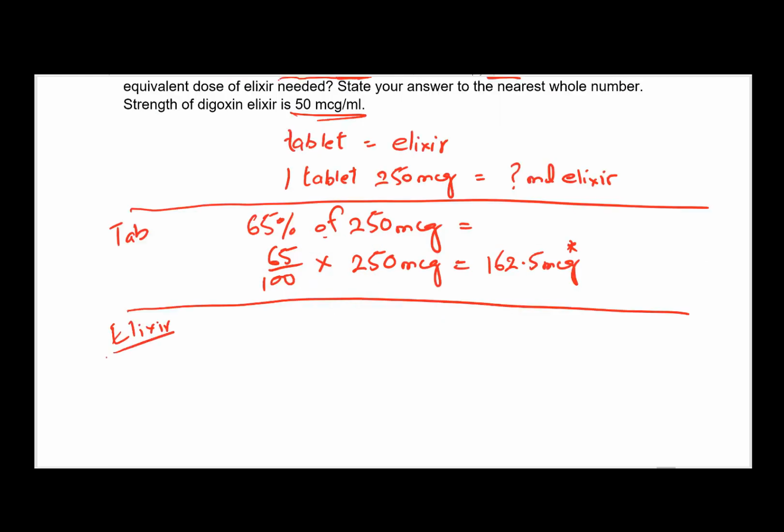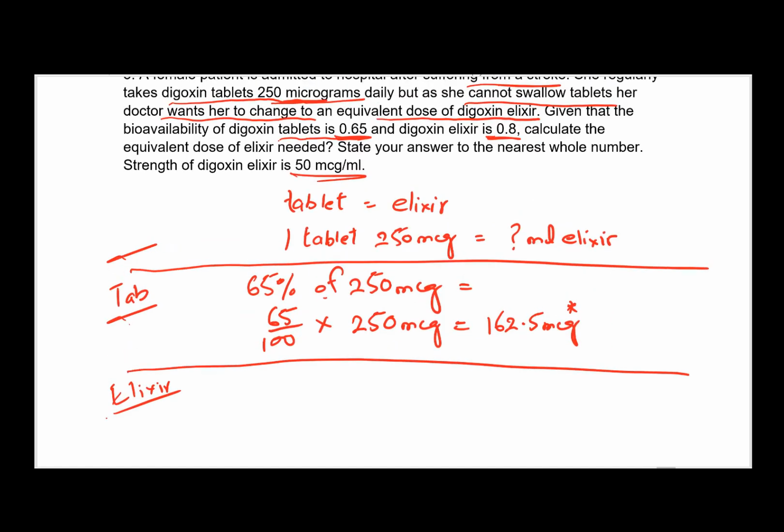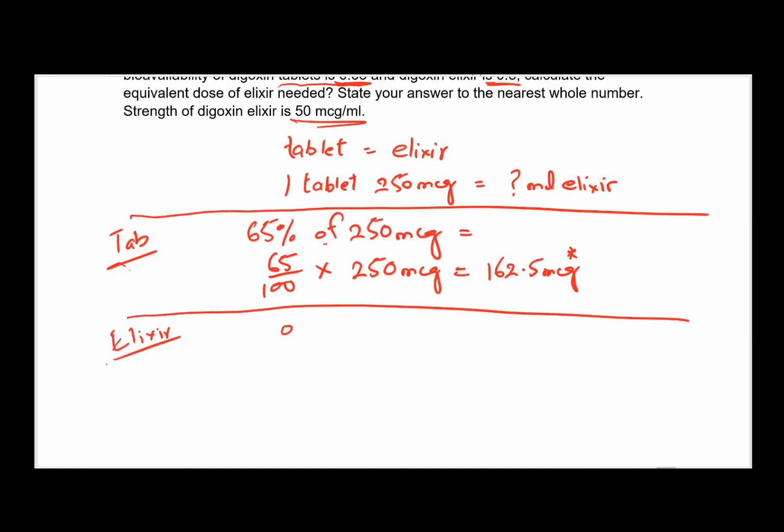Now, how do we calculate how many milliliters of elixir will be involved? The bioavailability of the elixir is what? 0.8. So that means when the patient takes 50 mcg, 80% of 50 mcg is what? 40 mcg.